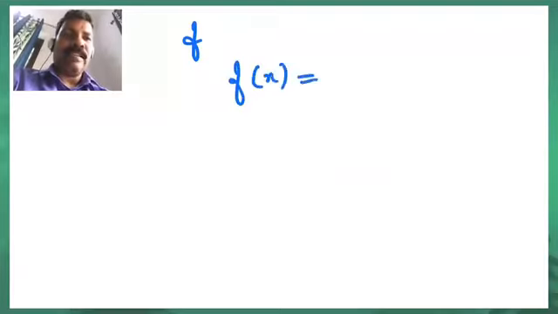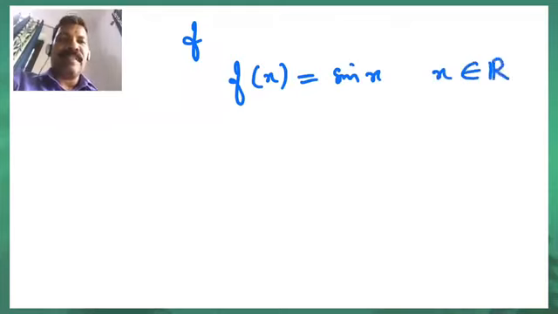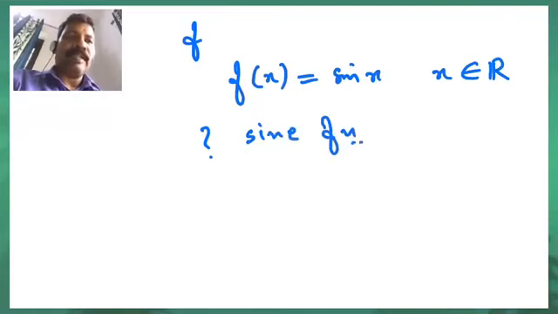Now let us consider the function f defined by f of x is equal to sin x for all x element of real numbers. That is the sin function. We are going to prove that the sin function is continuous.